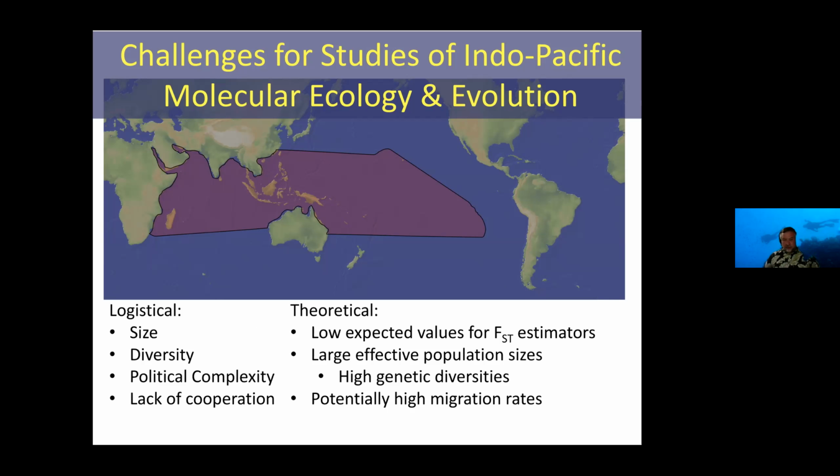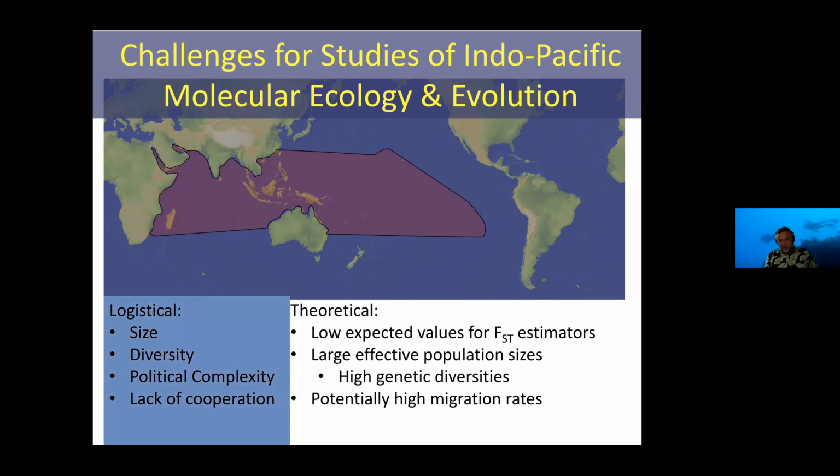There are also numerous theoretical challenges, and I'll go into these in the second half of my talk: low values for FST estimators, large effective population sizes and high genetic diversities, and the larvae creating these potentially high migration rates.